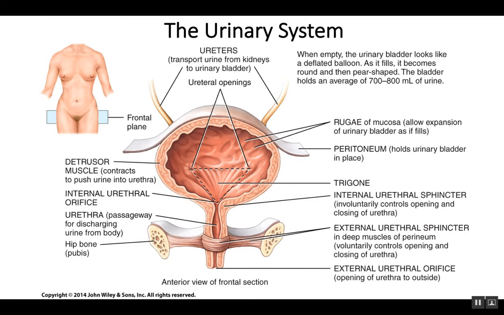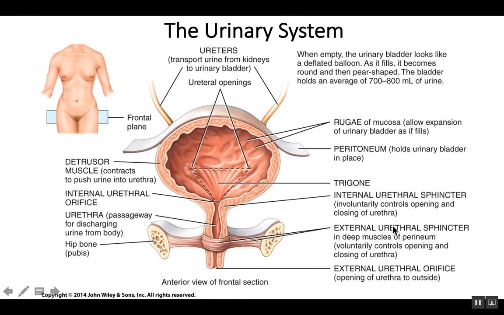When urination is triggered, it can be controlled by sphincters. There's an internal urethral sphincter, which is involuntary. It's going to open that internal urethral orifice and allow urine to flow. We do have conscious control, luckily, of urination, and that is done using the external urethral sphincter.